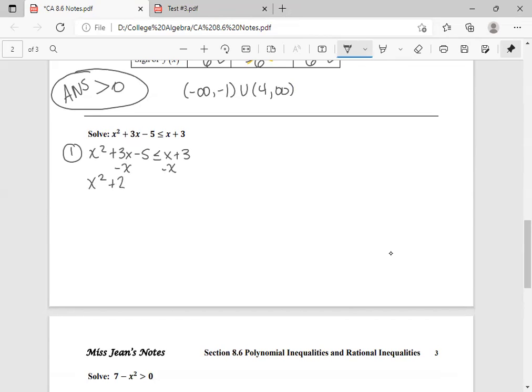That would give me x squared plus 2x minus 5 is less than or equal to 3. Then I would subtract 3 from both sides of my inequality. That's going to get me x squared plus 2x minus 8 is less than or equal to 0, which is what I want.